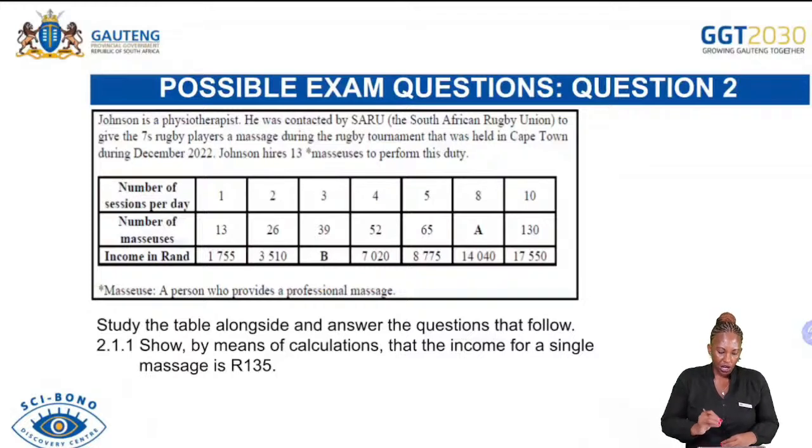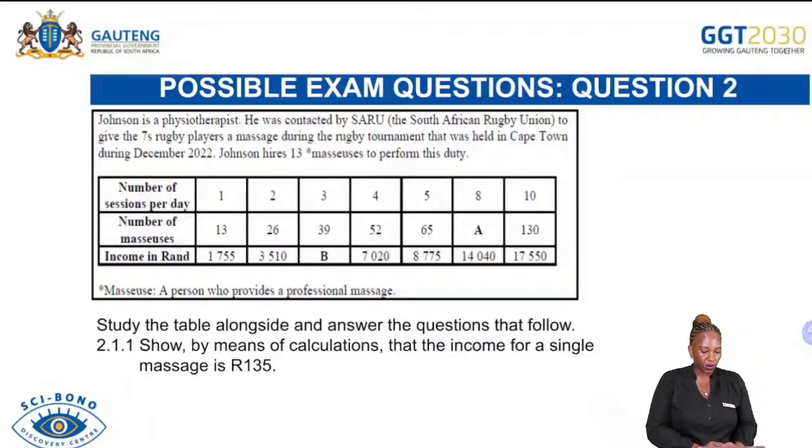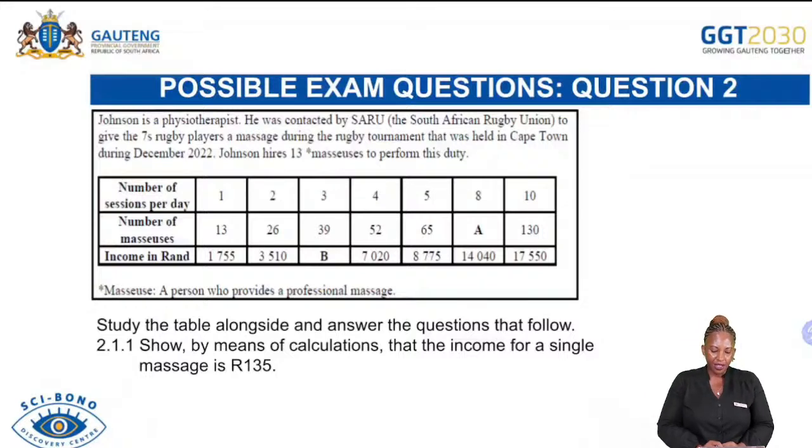Now here it says Johnson is a physiotherapist. He was contacted by SARU, the South African Rugby Union, to give the 7 rugby players a massage during a rugby tournament that was held in Cape Town during December 2022. Johnson hires 13 masseuses to perform this duty.